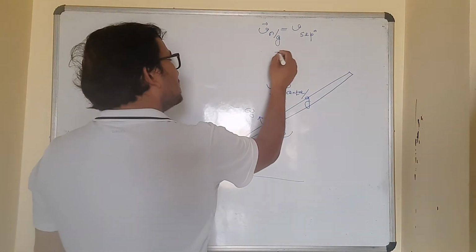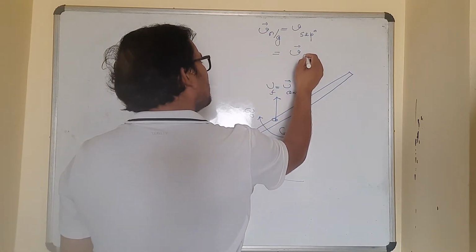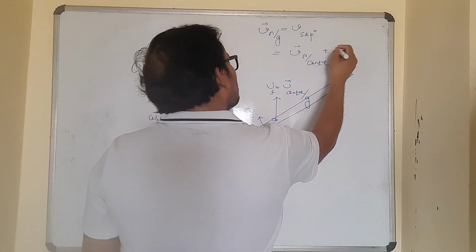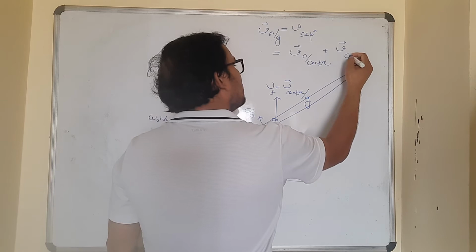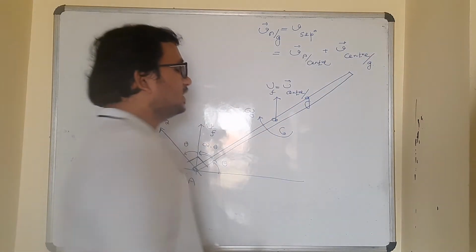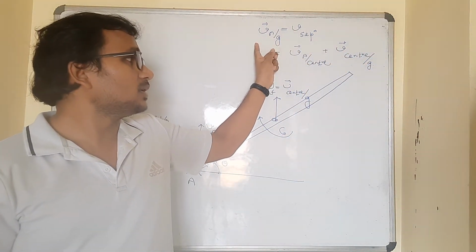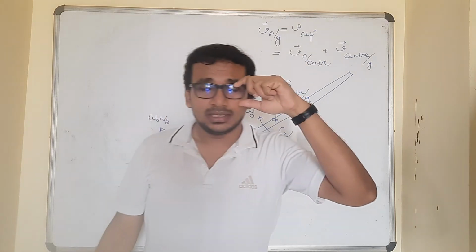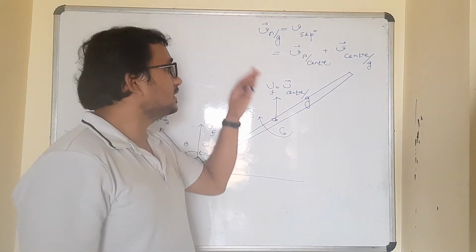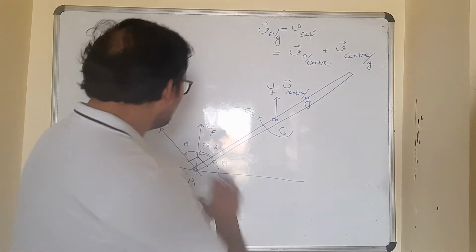So what I have written here is a very important concept. I want the velocity of A with respect to ground, which is the velocity of A with respect to center plus the velocity of center with respect to ground, isn't it? A vector sum of these two vectors is going to give me the absolute velocity of A with respect to ground. In what direction will this absolute velocity be? It can be along any direction between the two vectors.